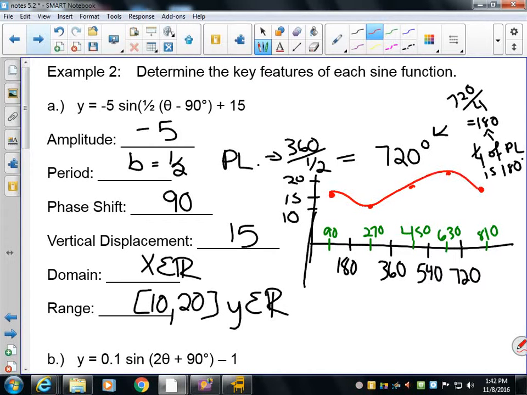It's not as nice looking. If I had lines, it would be nicer, right? But that's one period length. Down, up, down. And we could go back, because this could be -90. And at -90, you could be at 20, right? So it should go. If I actually hit the right points. Okay?